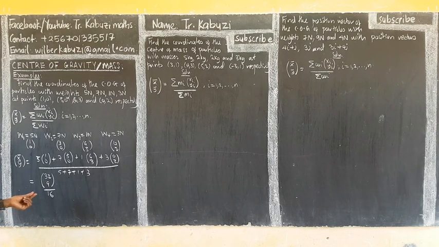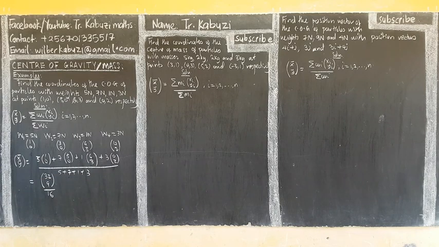Then after that, you get this divided by that. It's always as simple as that. This is 6 plus 3, that's 9. Then up we have 26 plus 6, that is 32, as simple as that.